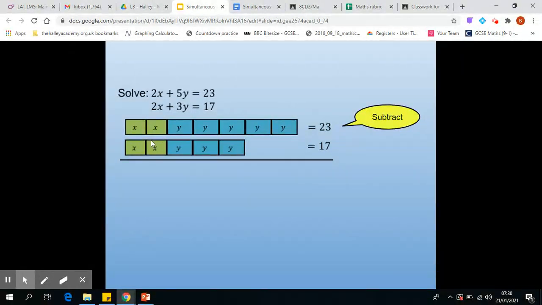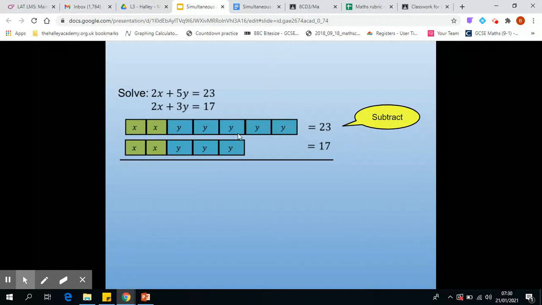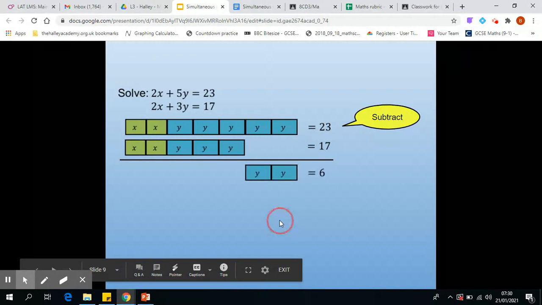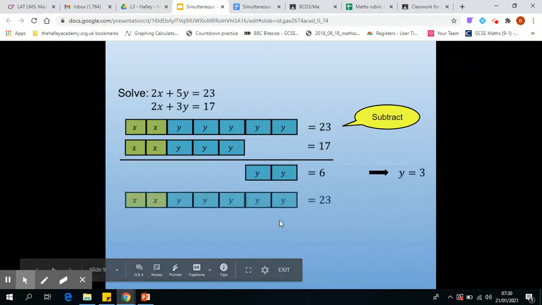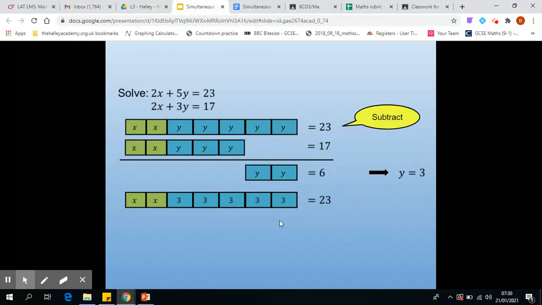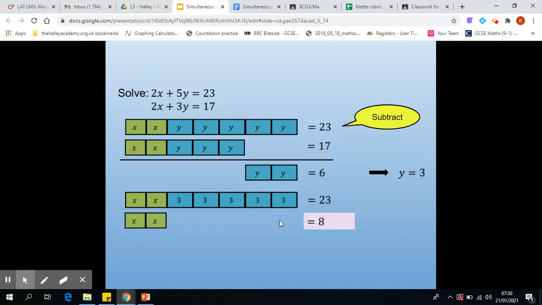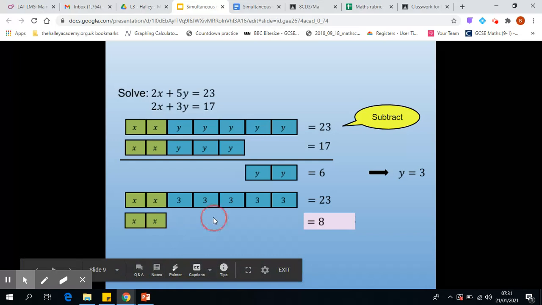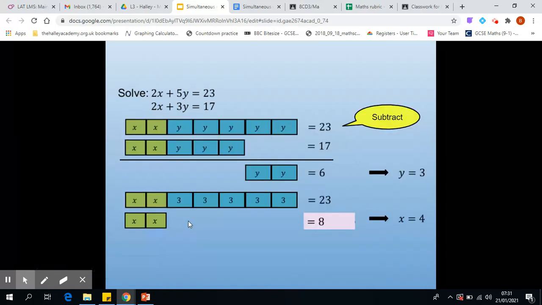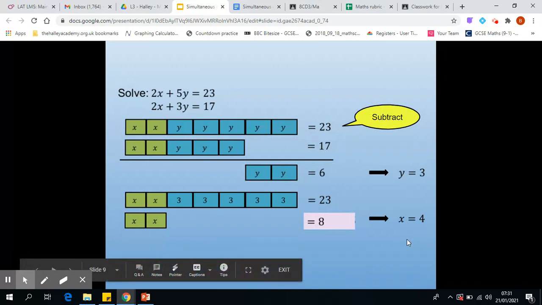Aligning on the left puts the x and the y along the same line and makes it easier to cancel. which gives us 2 bars of y versus 3, so the value of y is 3. Substituting it into the first equation gives us 2x equal to 6, which means x is equal to 4.